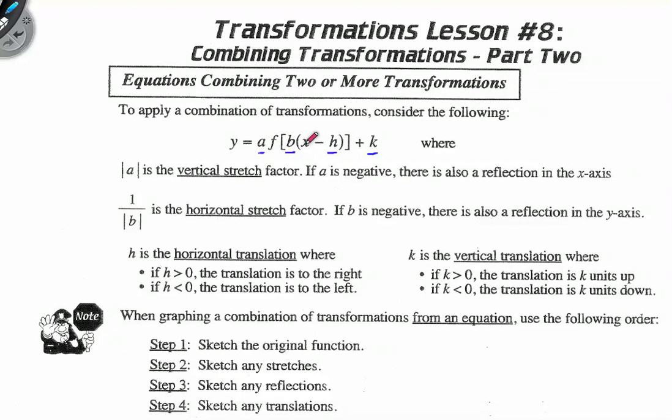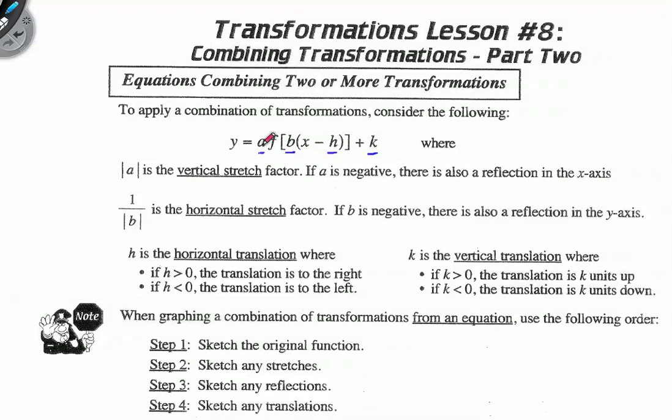Now, as far as the graph goes, a is a multiplier of y, and we can show it either on this side of the equation or over here as 1 over a.